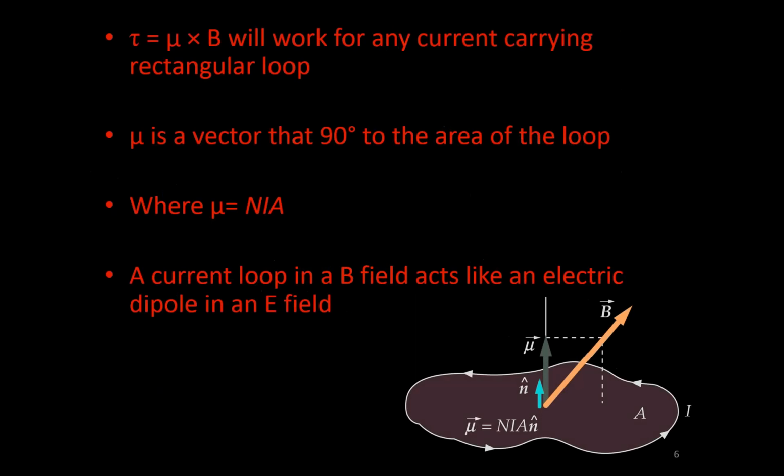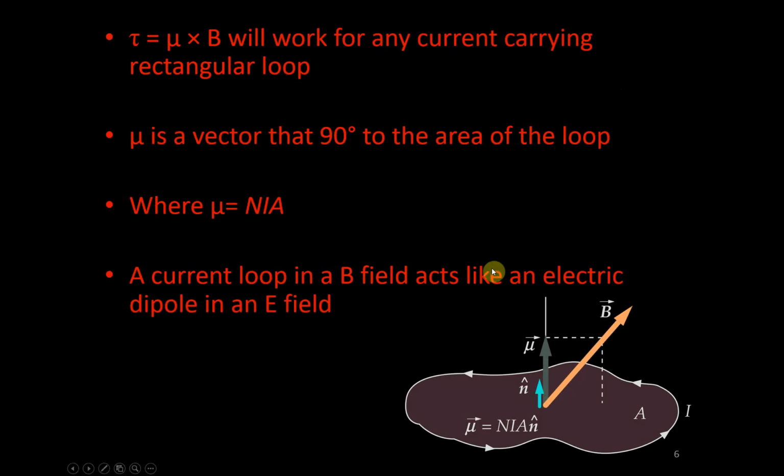So when we're dealing with torque, we're defining torque as some magnetic moment times B. It's actually a cross product. So torque, tau here, will be mu cross B and will work for any current carrying loop, in the case we just looked at, a rectangular case.